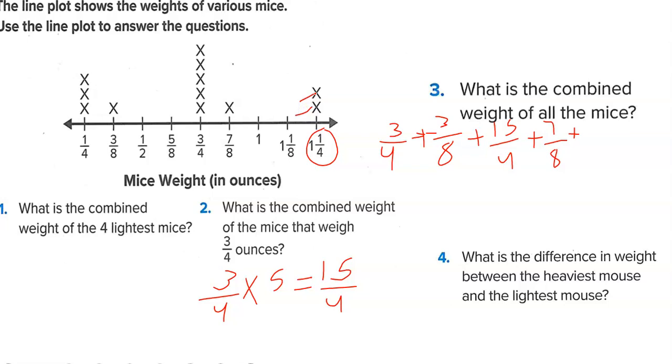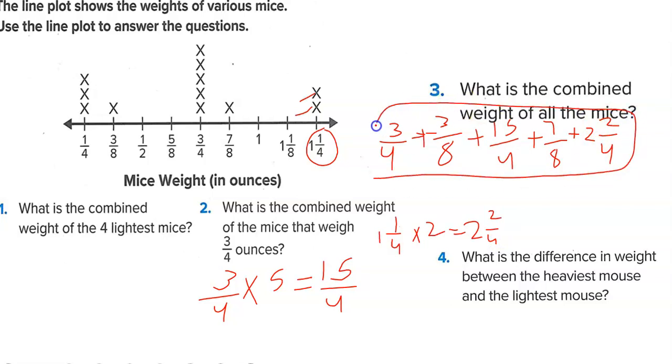Multiply by 2. So you can say 1 and 1/4 times 2 equals 1 times 2, 2, and 1/4 times 2, 2/4. So here I write 2 and 2/4. So you add them together, and you know how to do that from previous lessons.